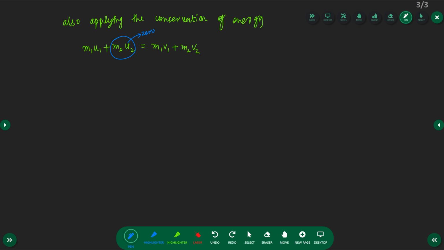So m1 was 2 and u1 was 2 also. So 2 into 2, 4. 2 into v1 plus 2 into v2. So what we are getting? v1 plus v2, this time we are getting 2.